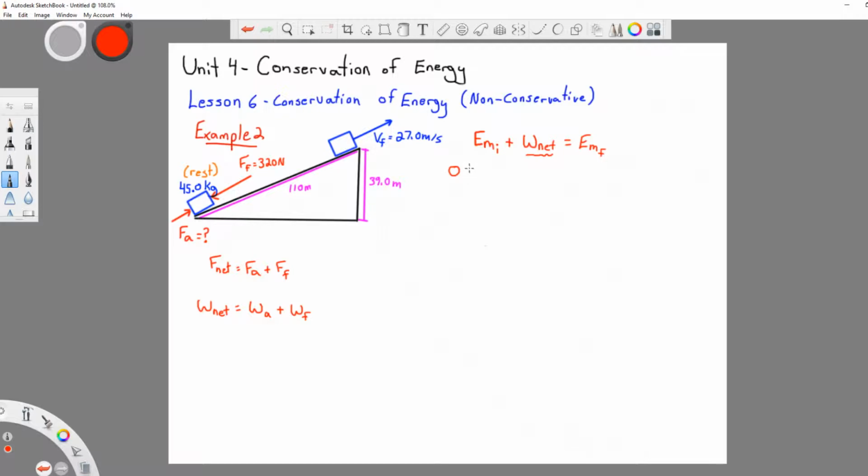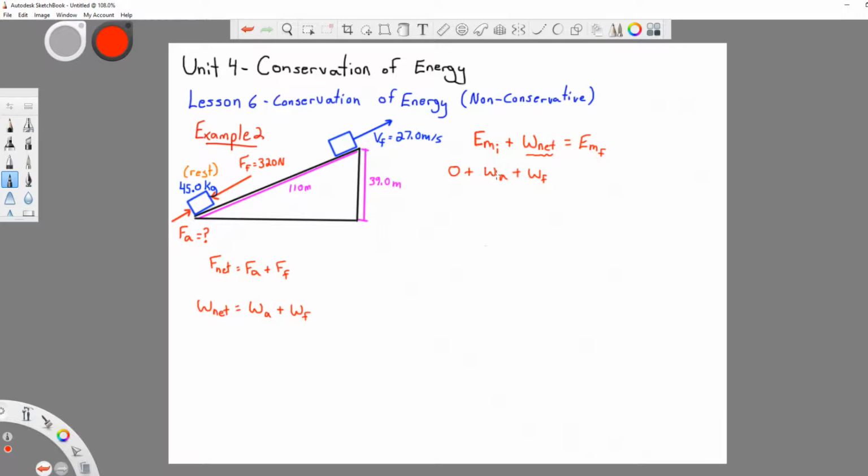Okay? Plus our work net. Our work net is going to be the work done by the applied force plus the work done by the friction force. Keeping in mind friction is going to be backwards, but that will get taken into account when we finally expand this out. So let's call this work applied, work done by the applied force plus work done by friction.